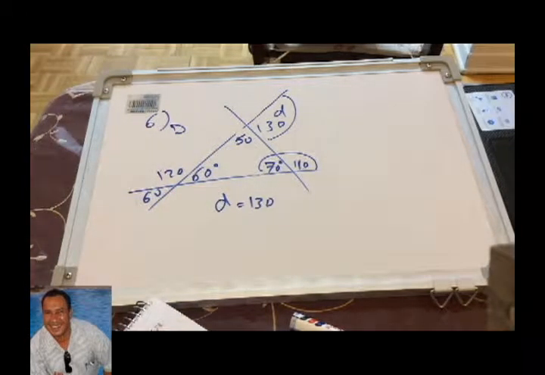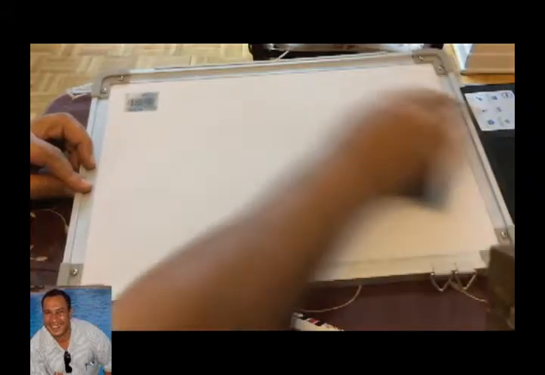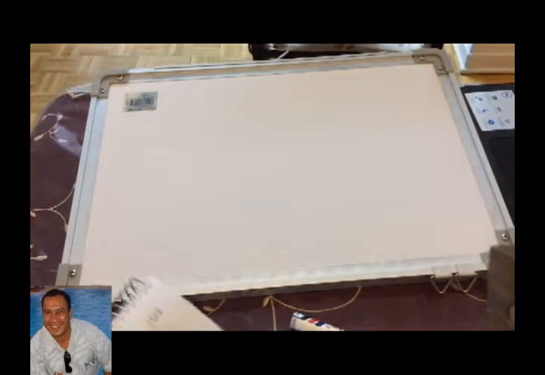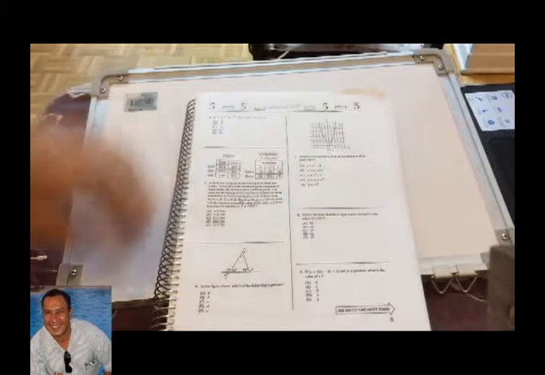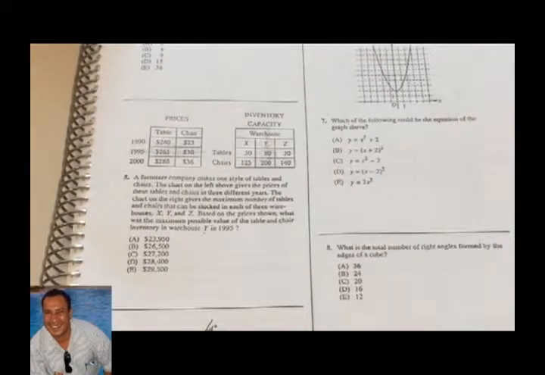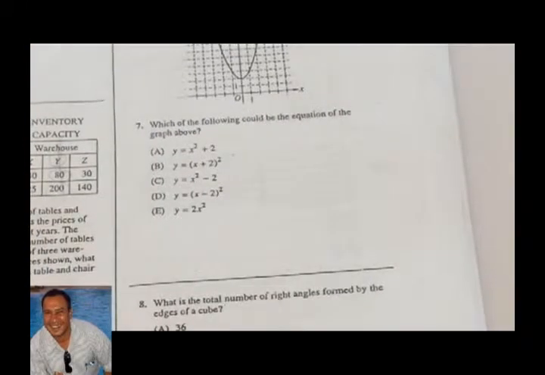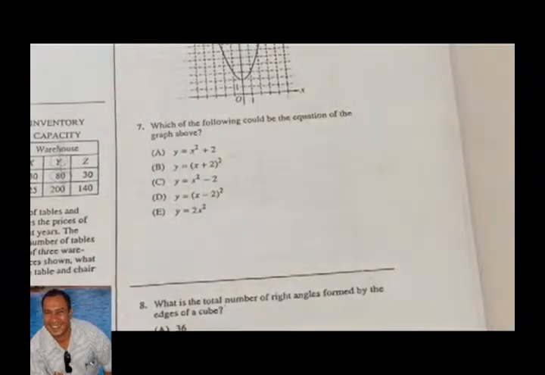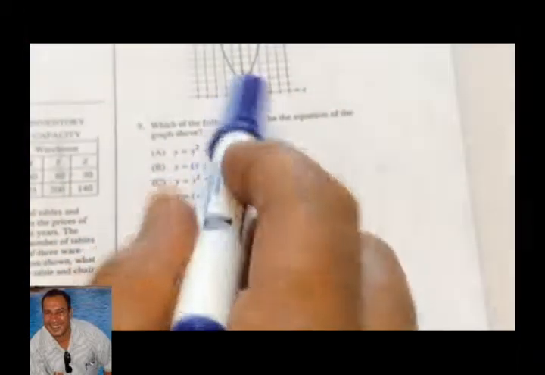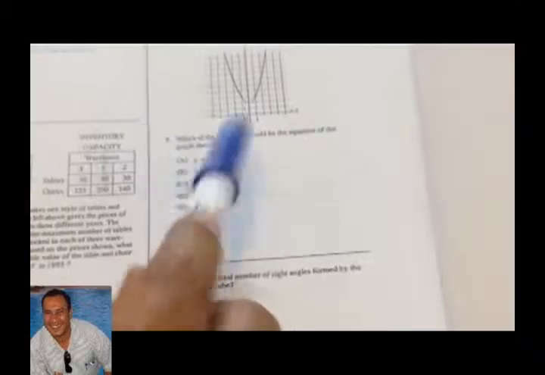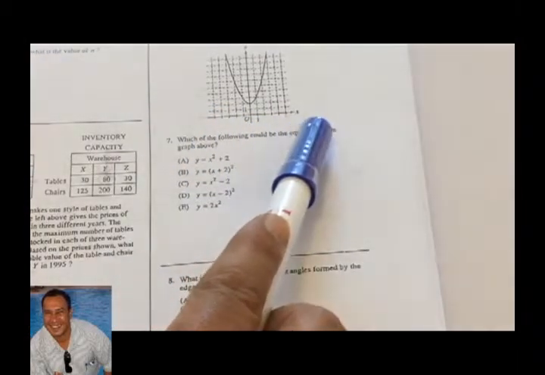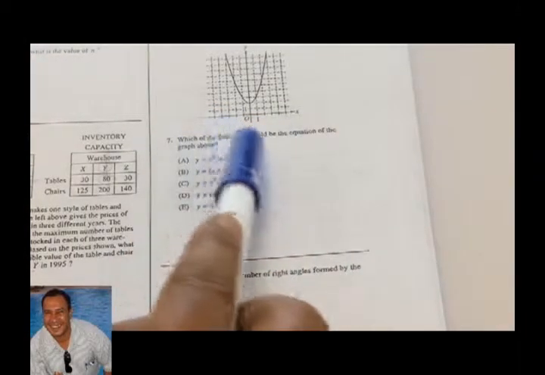Okay. Let's look at problem number 7. This problem states that we have a figure like this. The problem states, which of the following could be the equation of the graph above?